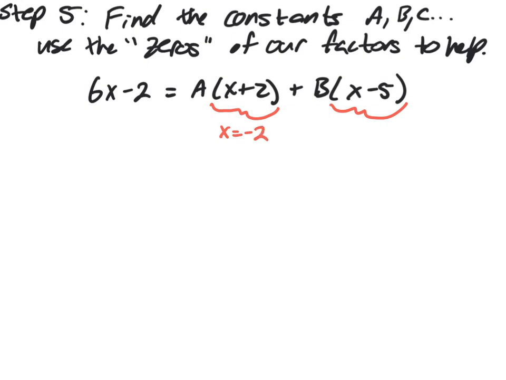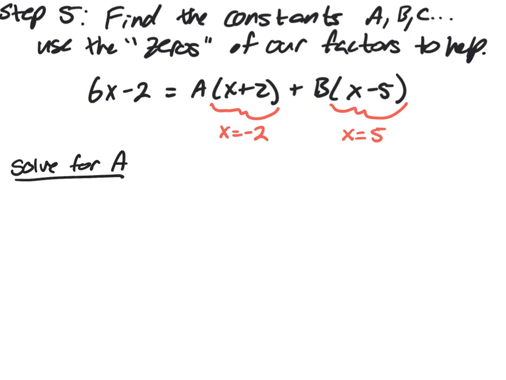And this second factor, x minus 5, is going to be 0 when x equals positive 5. So let's use that. Let's go ahead and solve first for a.